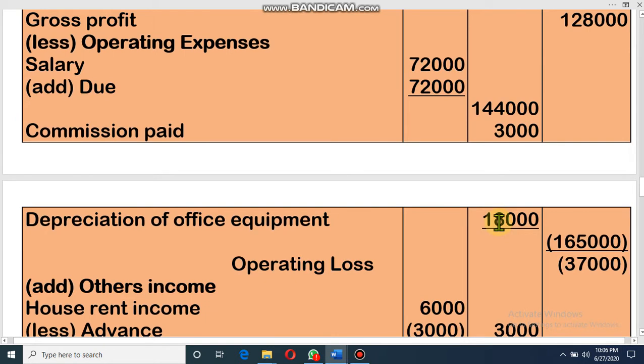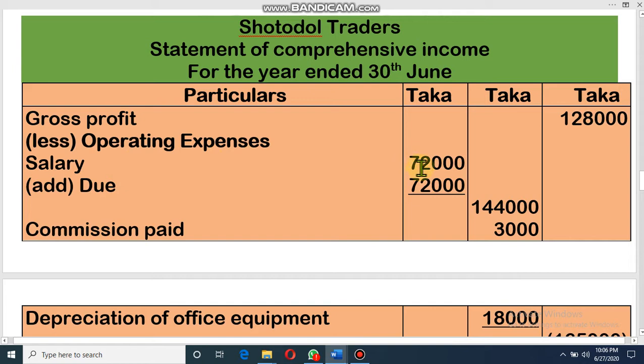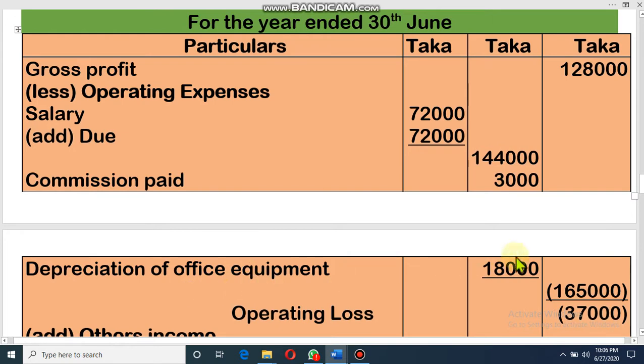Dear student, now total operating expense. Look at salary with due: total salary is 1,44,000, commission 3,000 and depreciation of office equipment 18,000. So the total of these three expenditures is 1,65,000.